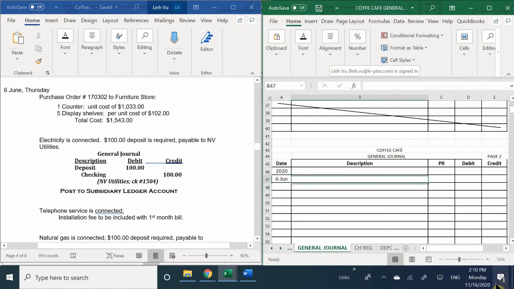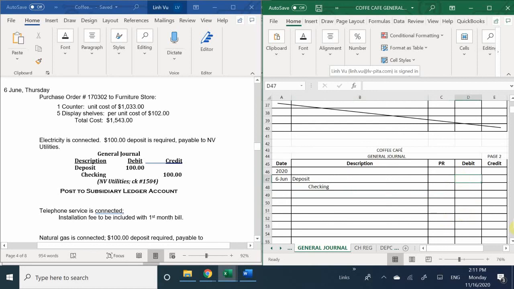They require a deposit for the electricity, and we wrote a check for them, right? Because the best way to keep track of your transactions is to write some kind of check to have some kind of paper trail of your transaction. So here we go. I wrote a check, and the deposit was for $100.